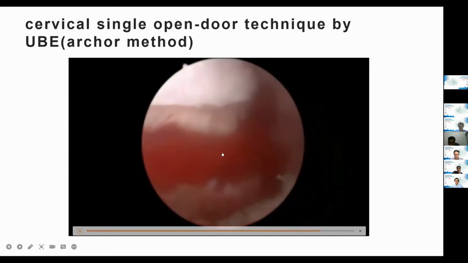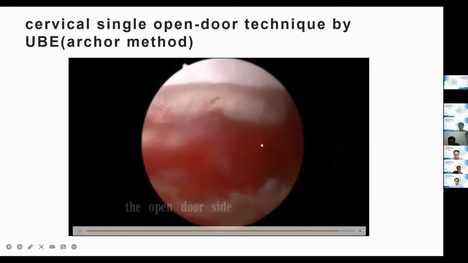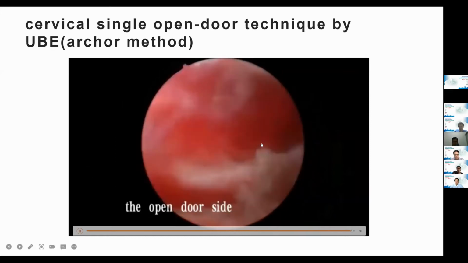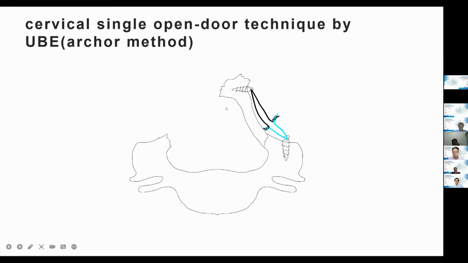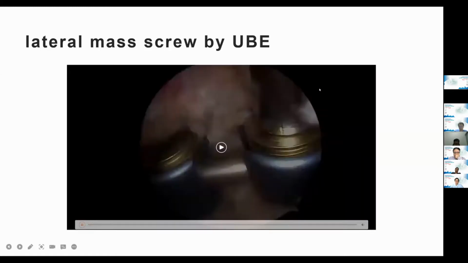This is the open door side. This picture shows the anchor method. We use the lateral mass anchor and the spinous process anchor, and then we make the knot to keep the open door. I think this is a very quick procedure for the UBE cervical single open door technique.